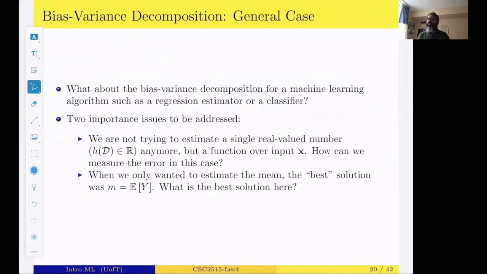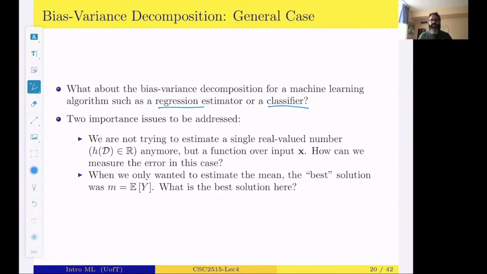Now we want to talk about the general case instead of the mean estimator. So we have a machine learning algorithm, like a regression estimator, whatever method: decision tree, KNN, linear models, or regression or classifier. Can we have a similar decomposition for them or not?